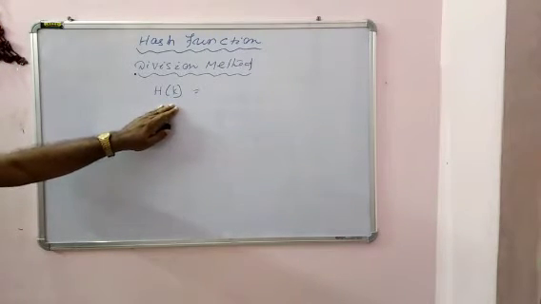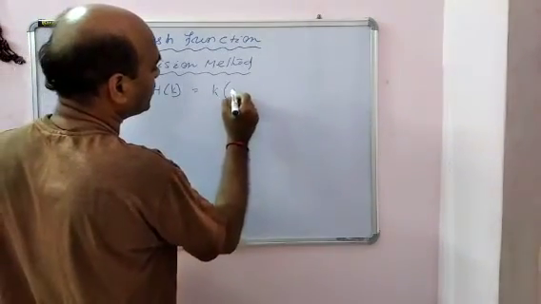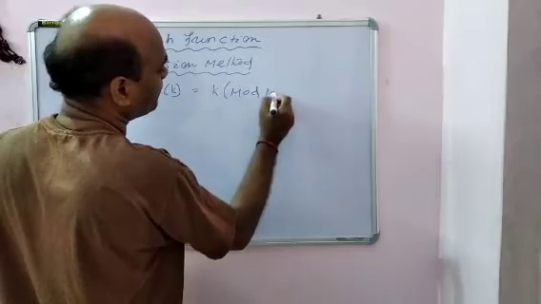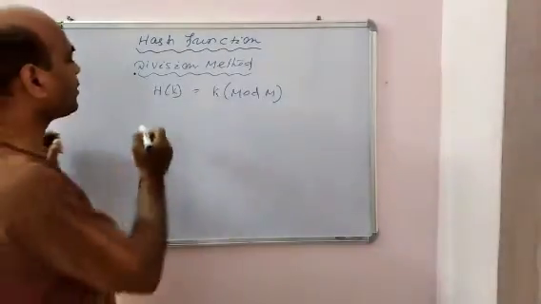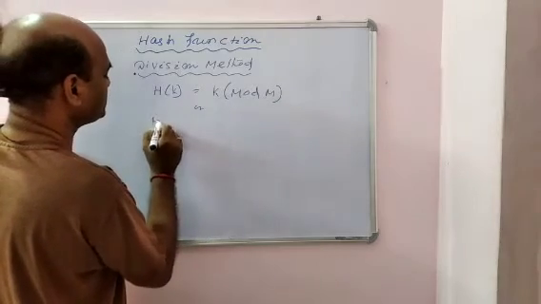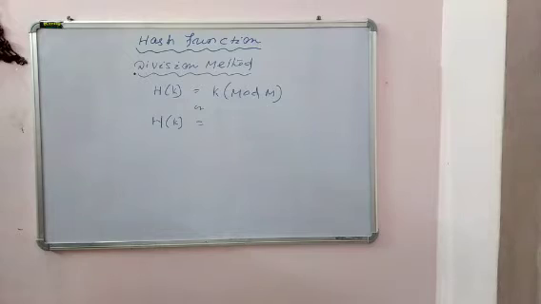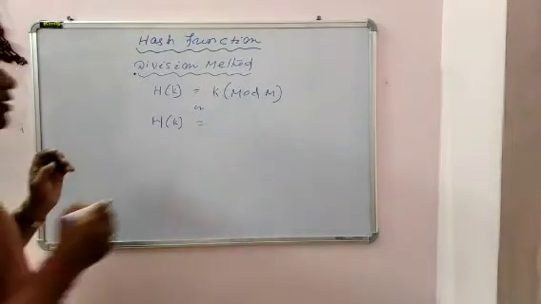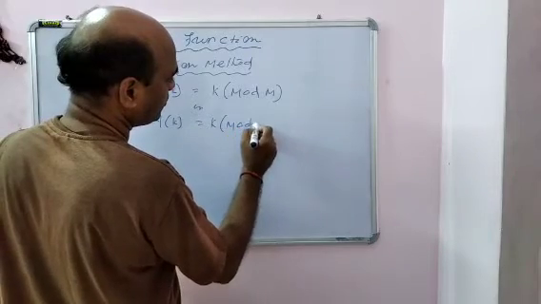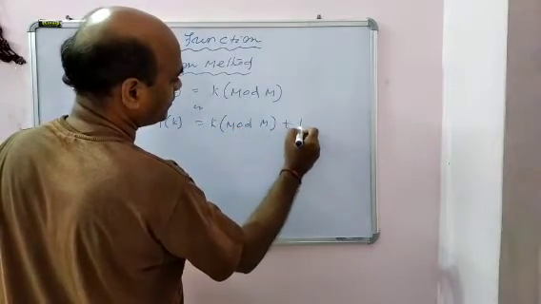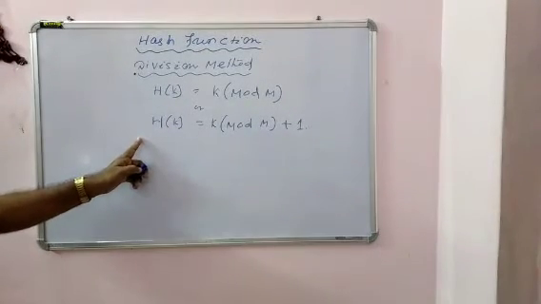So h(k) will be equal to k mod m, or h(k) is equal to k mod m plus 1. These two formulas we can put here.